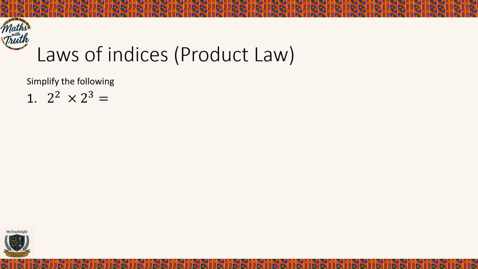The first question that we have here is 2 exponent 2 times 2 exponent 3. Well, if you have 2 exponent 2, we have a special name for it, which is 2 squared. And exponent 3, we call it cube. And so we have 2 squared times 2 cube. What will that be?